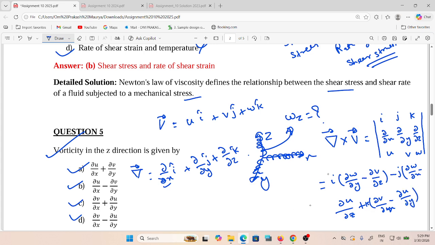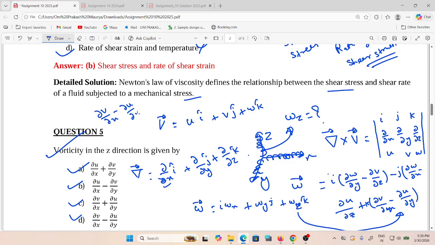Now you can represent this with the omega vector, and the omega vector is nothing but omega x i plus omega y j plus omega z k. The question is asking about omega z. So omega z is del v by del x minus del u by del y.